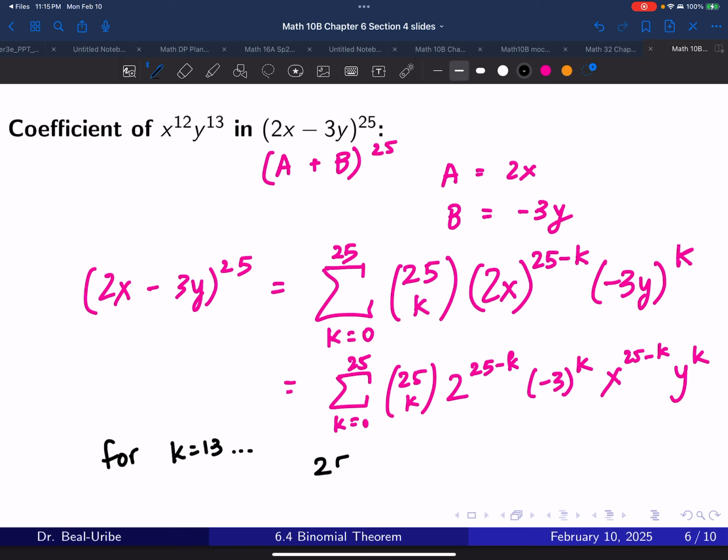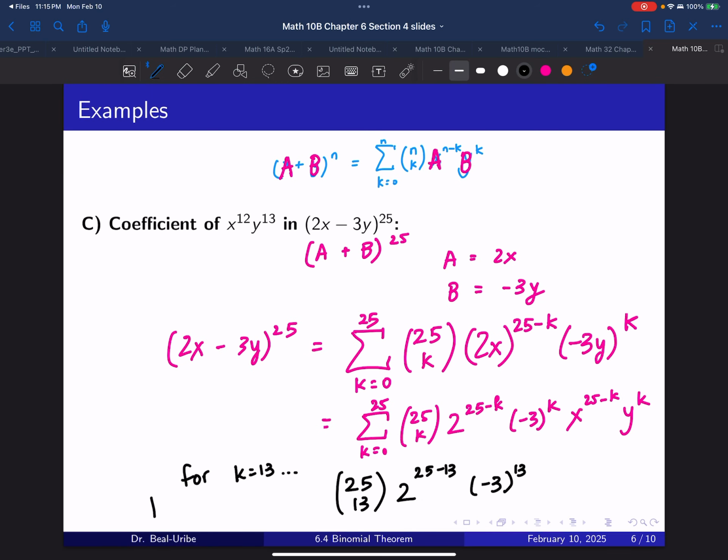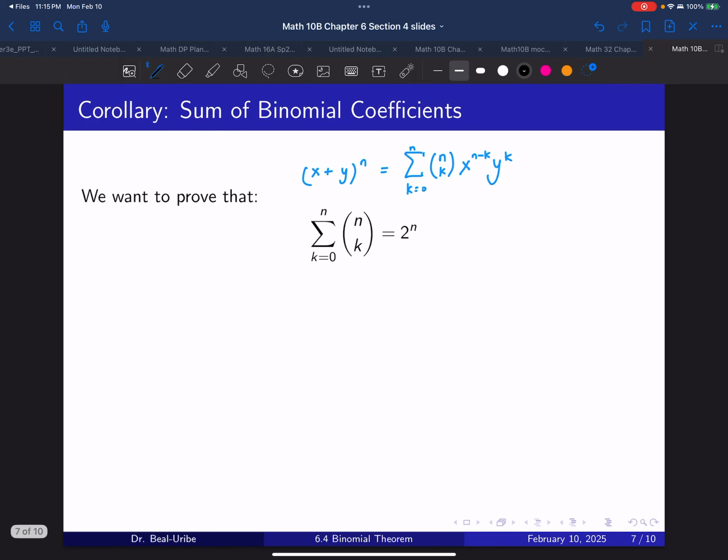So it'll be 25 choose 13, 2 to the 25 minus 13, times negative 3 to the 13. So this will be the coefficient. All of this is the coefficient of my x to the 12, y to the 13th power. Okay?